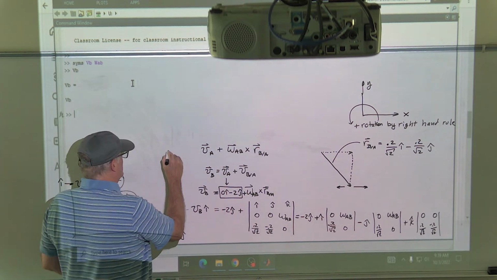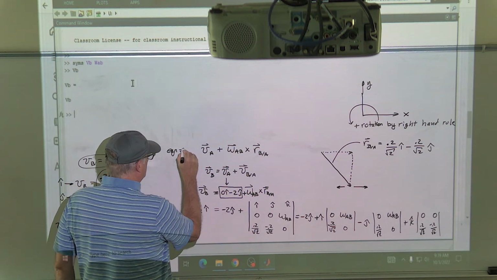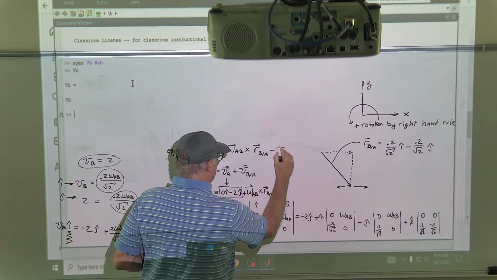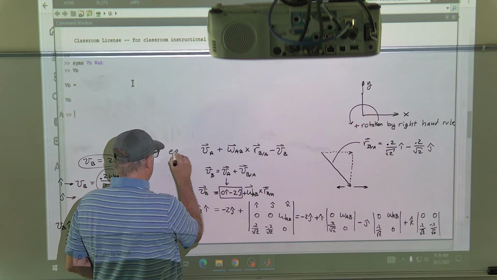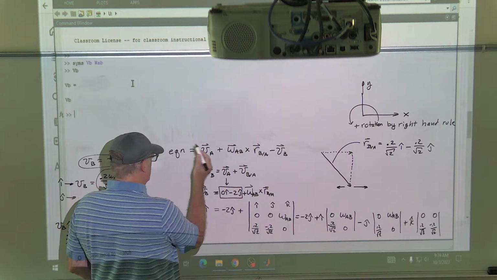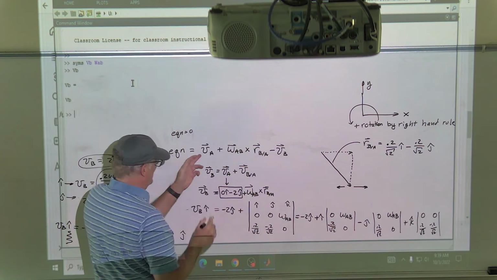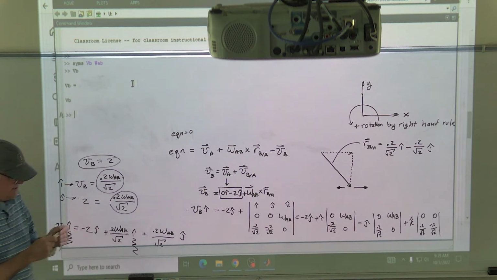Here's what I'll do: equation, EQN equal to, I'll put it over here as a minus VB. So the equation has to be equal to 0 for this to be satisfied. So let's take a look at this.